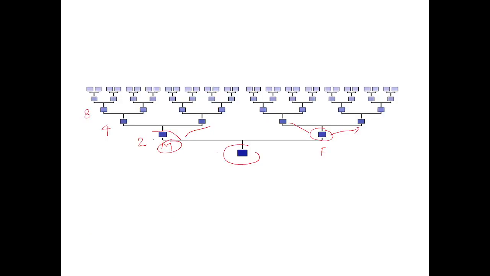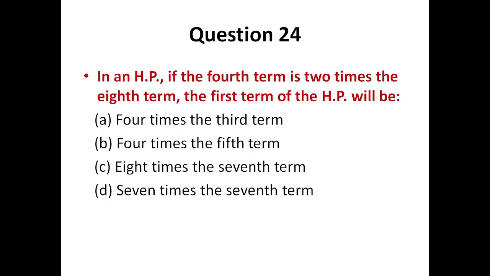Now come to question number 24. It is given that in an HP, if the fourth term is 2 times the 8th term, the first term of the HP will be. हमें क्या निकालना है, first term of the HP will be, मतलब हमें first term of HP, a, की वैल्यू find करनी है.